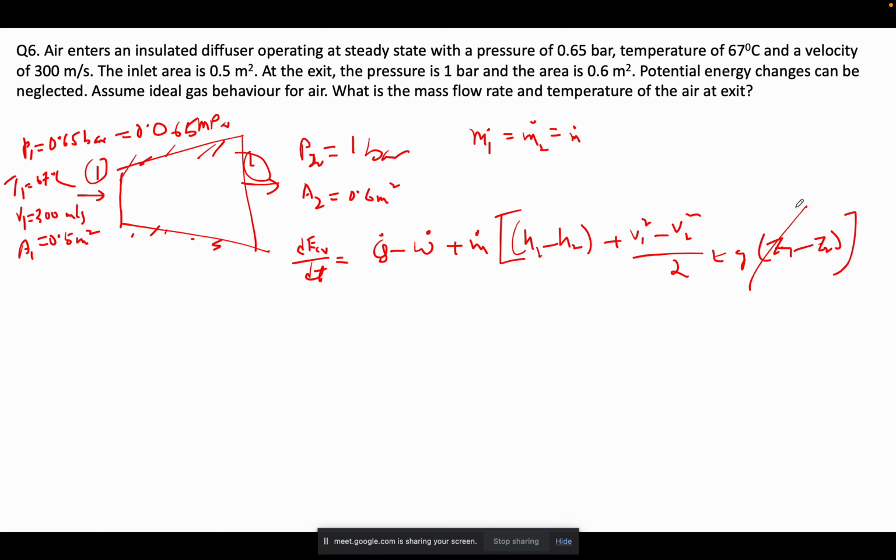Now they are already saying that kinetic energy, potential energy changes are 0, steady state this is 0, insulated this is 0, no work is given, and a diffuser normally does not do any type of work, so this is also equal to 0.